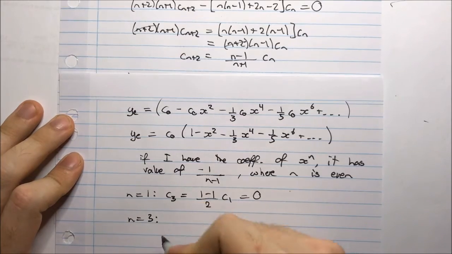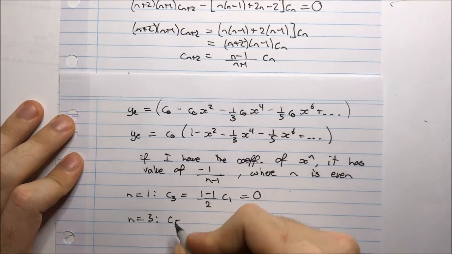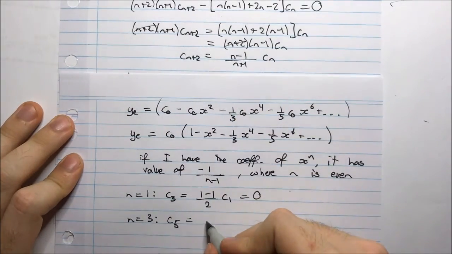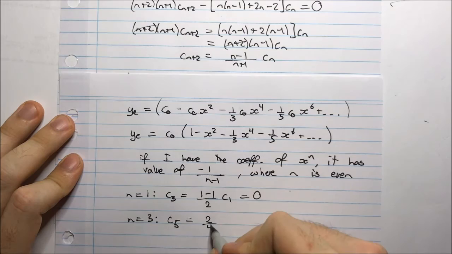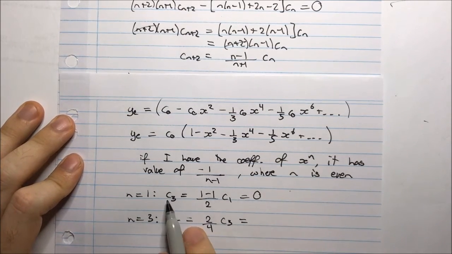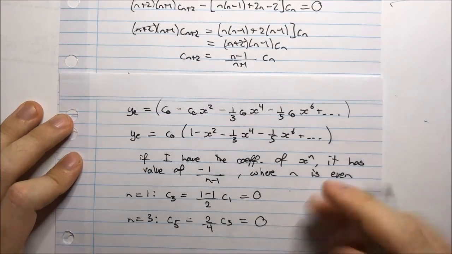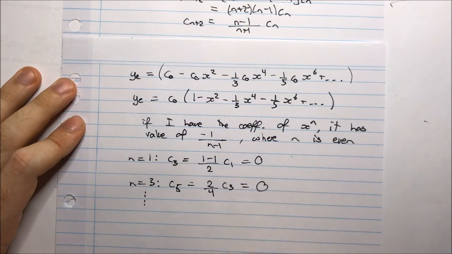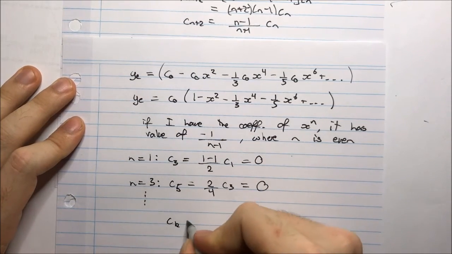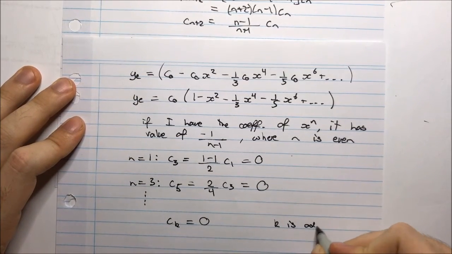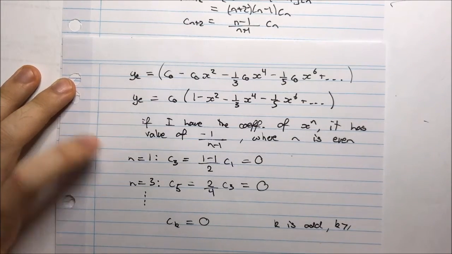What about n equals 3? C5 is equal to 3 minus 1, which is 2, divided by 4, times C3. But what's C3? C3 is 0. And if I continued on, every subsequent term would be equal to 0. So CK is equal to 0, where K is odd, and K has to be greater than or equal to 3.